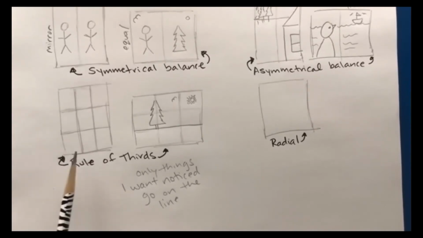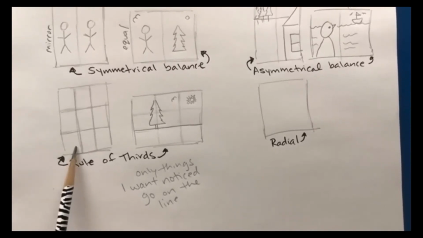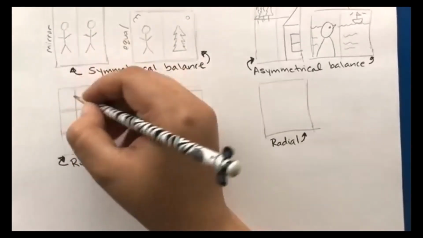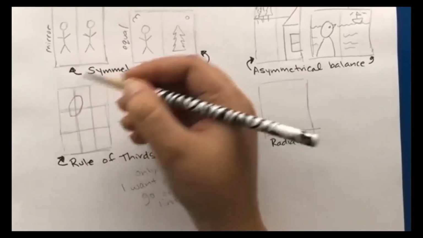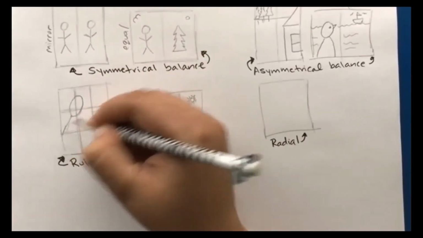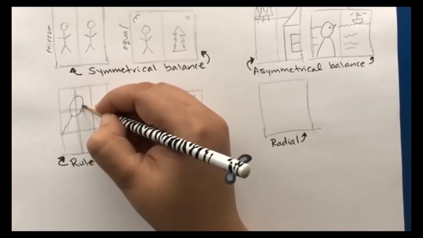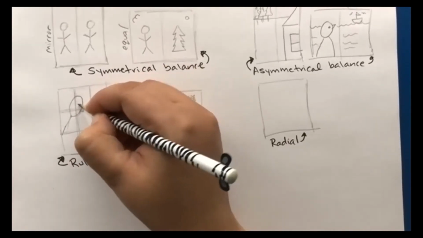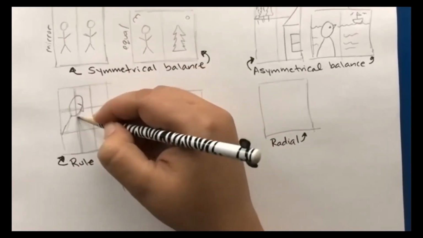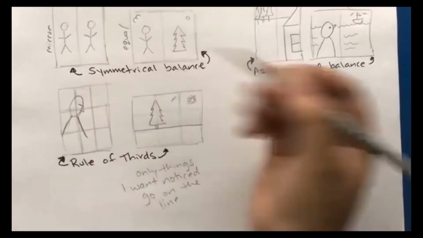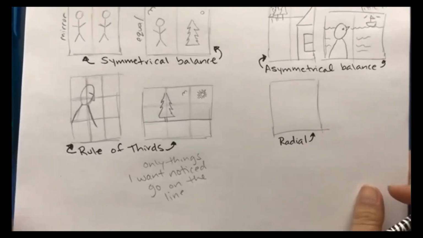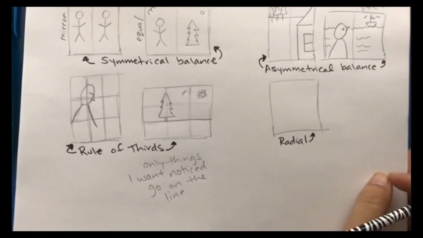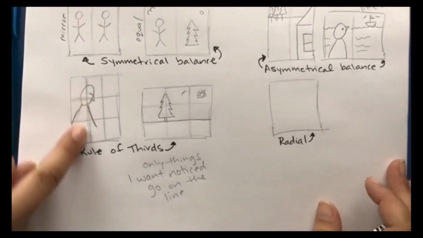Now, for the portrait paper, let's try this a different way. So maybe I have a person and they're looking down, and I'm making them big and they're on this line.